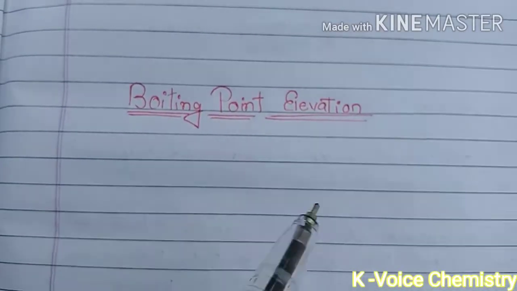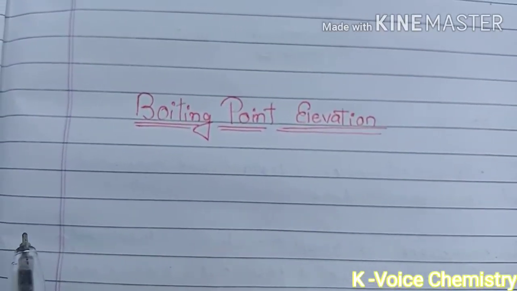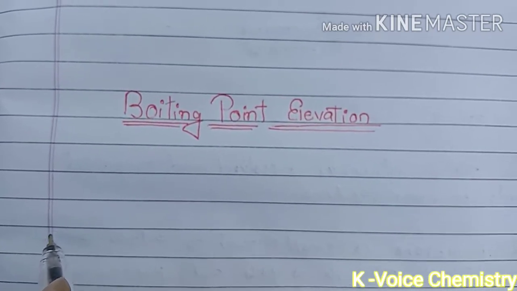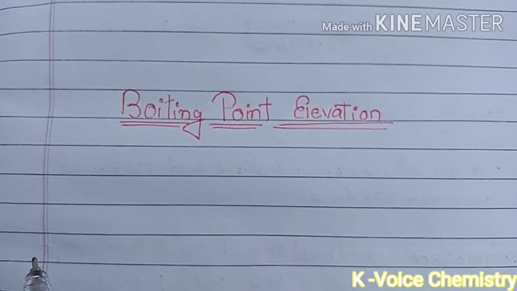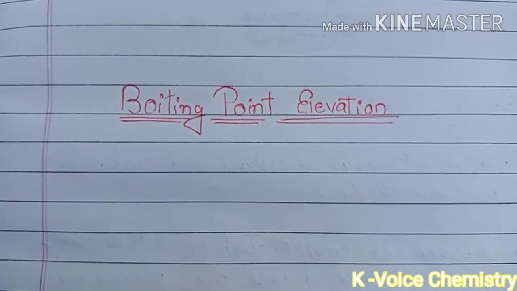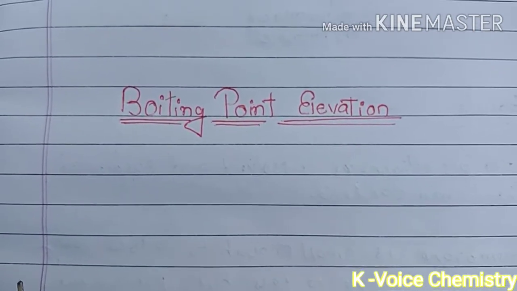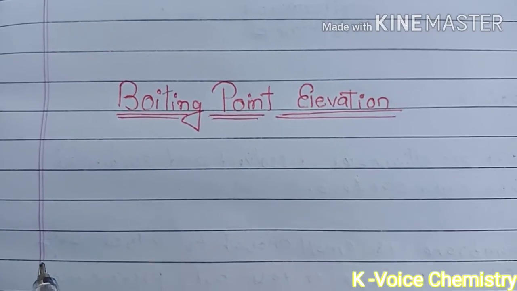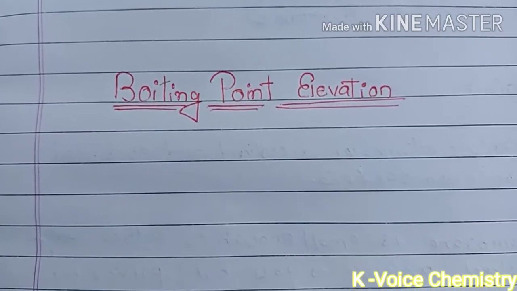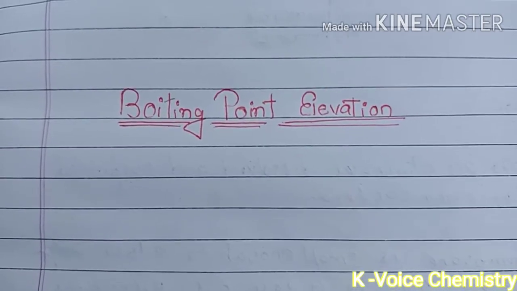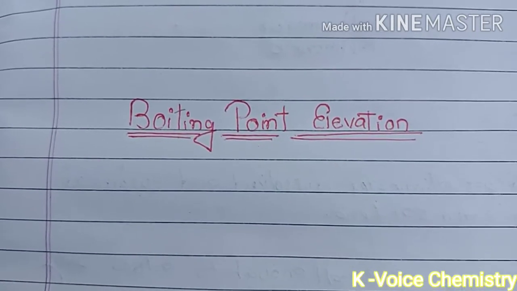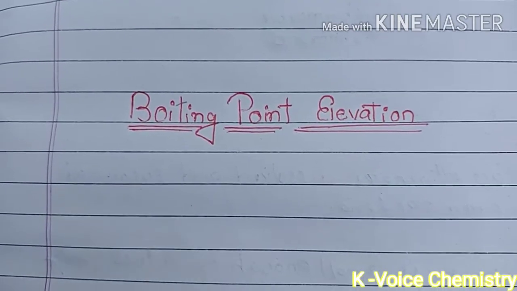Boiling point elevation is a phenomenon that occurs when the boiling point of a liquid or a solvent is increased when another compound is added, such that the solution has a higher boiling point than the pure solvent. Basically, the boiling point of a solution will be increased.